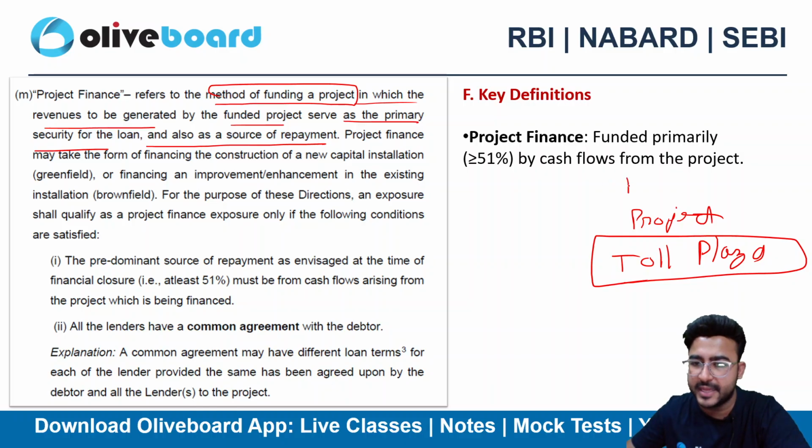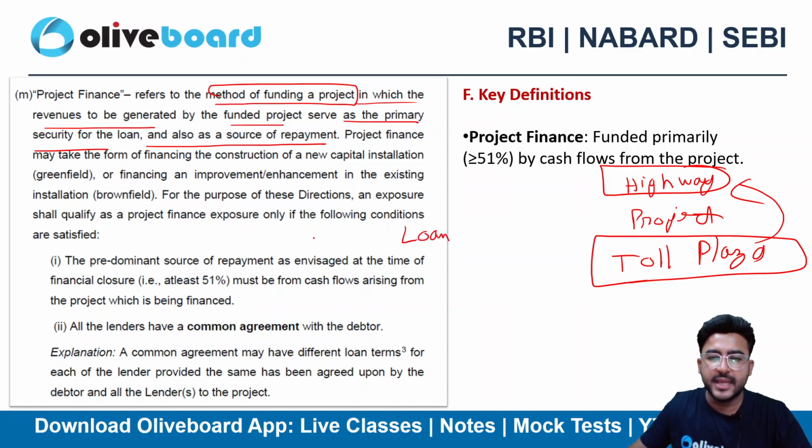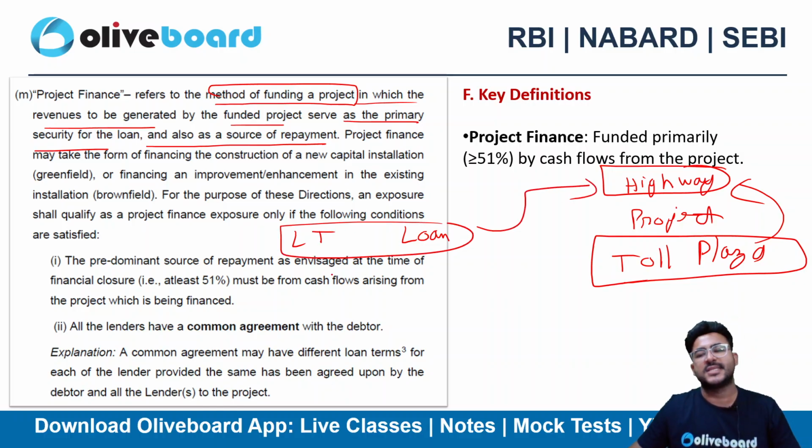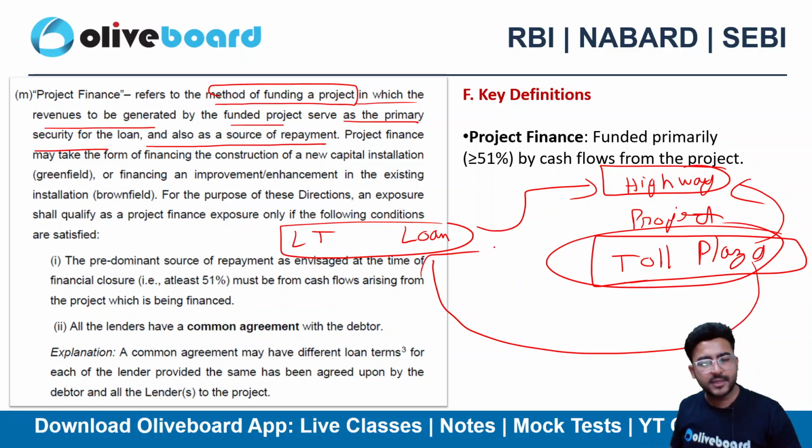Let's suppose I'm building highways. So I'll be collecting the revenue via toll plazas, right? Now I need loans. I need long-term loans in order to construct these highways, right? So these toll plazas will definitely help me to recover the loan, pay the principal as well as interest, right?